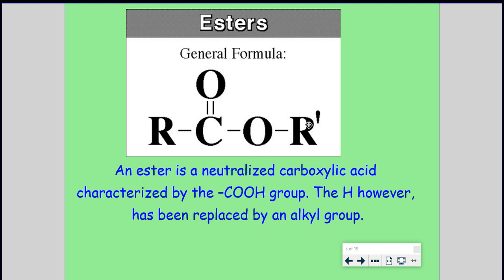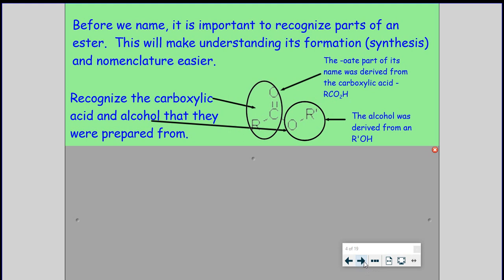But for naming esters, it actually helps if we are able to identify which one used to be the carboxylic acid component of the ester and which one used to be the alcohol. So the general formula looks like this. The portion of the ester with the carbonyl group came from your carboxylic acid. The alcohol component has the oxygen here, and that came from your alcohol.